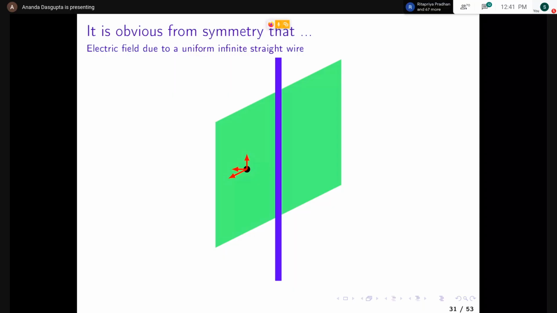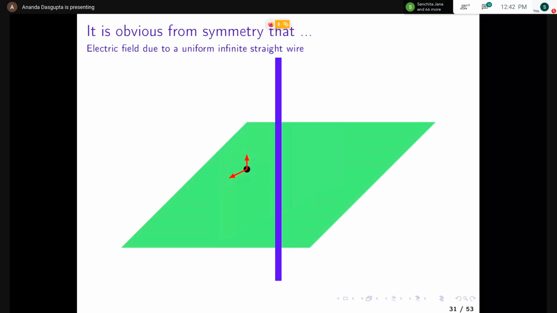So the component perpendicular to the mirror, in this case the cross-radial component, must have been 0, because if it were there, I would be able to tell whether I have reflected, and I should not be able to tell.